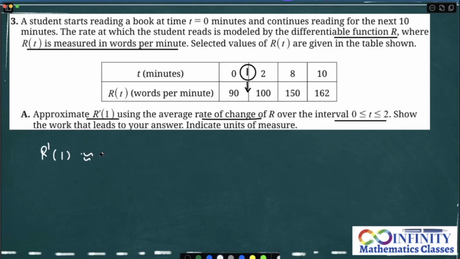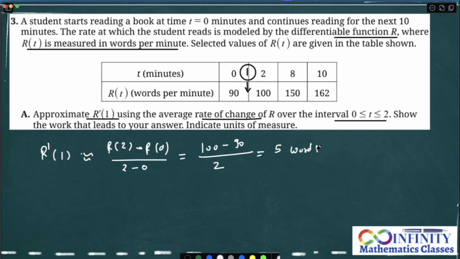I don't have the value at 1, but I have the value at 2 and the value at 0, divided by 2 minus 0. This is the only thing I have got from the table, and I will be using it to approximate the change. Divided by 2 there. How much is it? Is it going to be 5 words per minute? I hope it is an easy task for you.